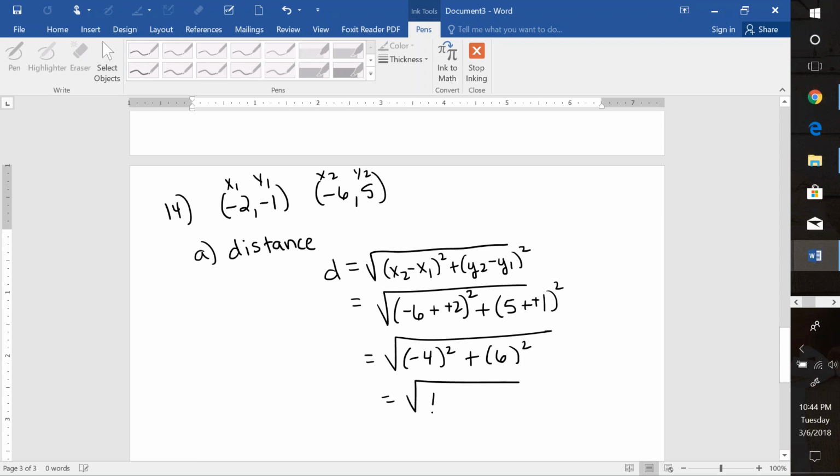So that's going to be 16 plus 36. We then add them together. So that's going to be 52. And then the question you have to ask before you stop is, are there any perfect squares that go into 52? And it's actually 4 times 13. So this would be square root of 4 is 2, on the square root of 13. So that would be the final answer for part A. Any questions on just part A?